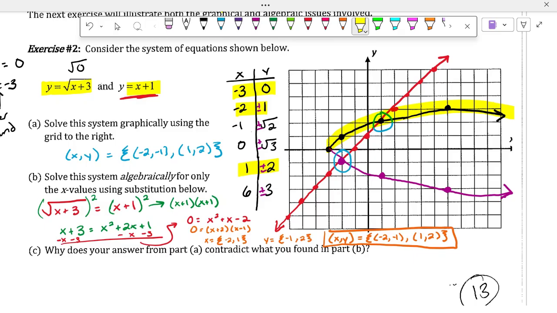But also think about it this way. If I plug in, who remembers what's special about a function? Because it's a square root function.